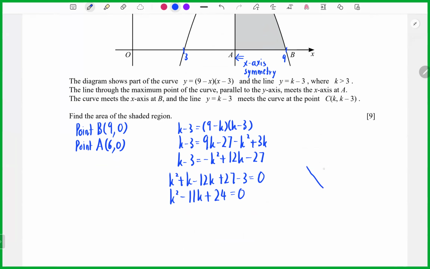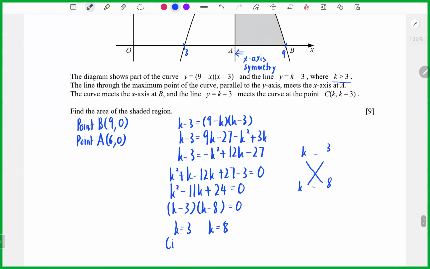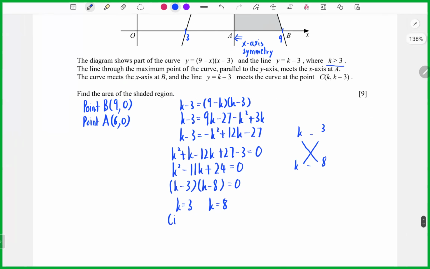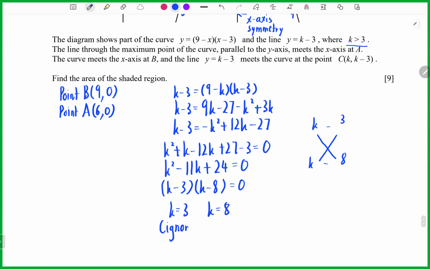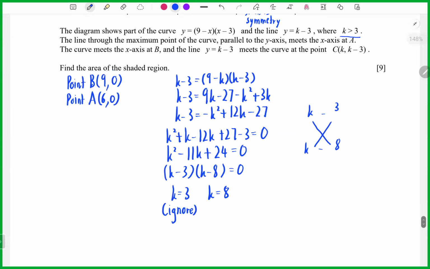Now you can factorize: (k minus 3)(k minus 8) equals 0. So k equals 3 or k equals 8. k equals 3 we ignore, because the question says k should be more than 3. So k equals 8.